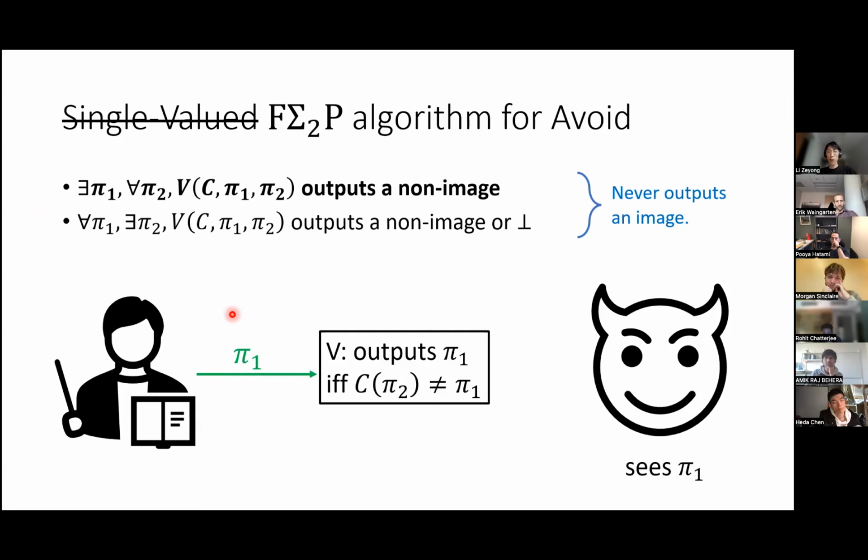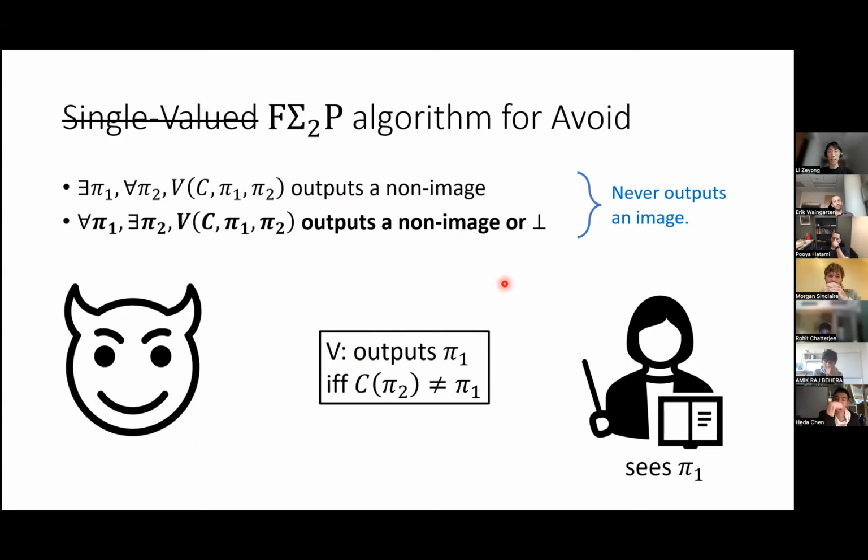In this case, the honest prover sends in some actual non-image pi1. Because pi1 is a non-image, the malicious prover is not able to find a pre-image for pi1. Therefore, my verifier will correctly output pi1, because there is no way for the malicious prover to find a pre-image. This corresponds to the first line of the definition.